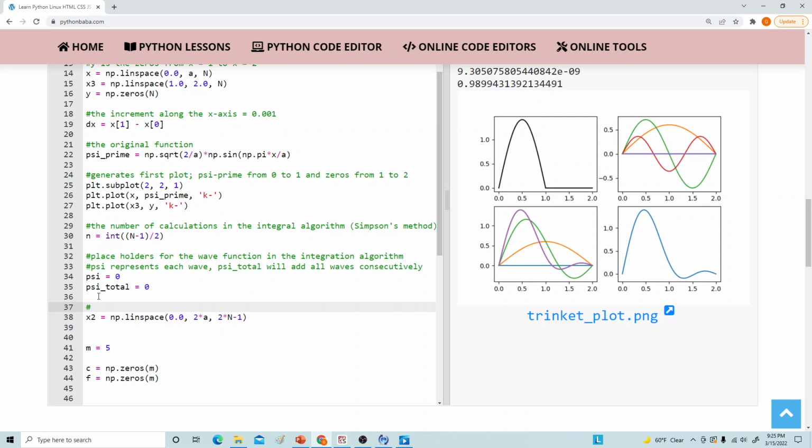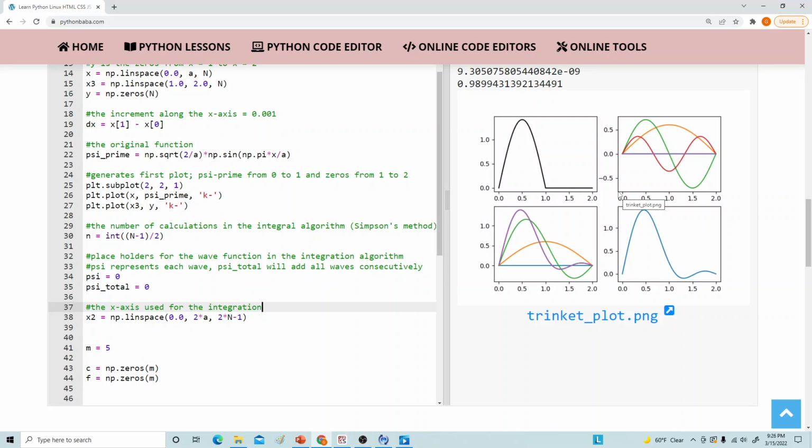So now, x2 now represents the number of points along the x-axis that we will integrate. And since we've set a equal to 1, we're integrating over the entire 0 to 2 range.